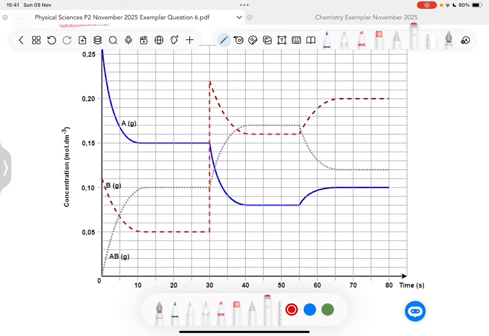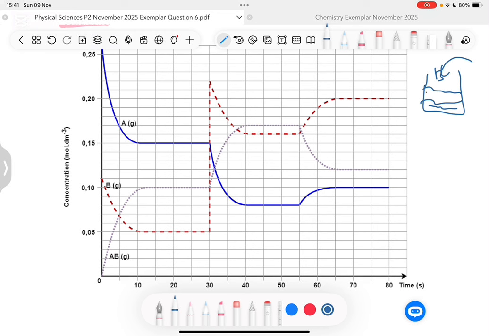Now we see here at 30 seconds that the reactant B spikes and increases suddenly to a higher concentration. This means that we have increased the concentration of B. Imagine this as if you are having a beaker, and then you have your A and B reacting to form AB and AB going backwards to form A and B. And then you pour in some more of B in here.